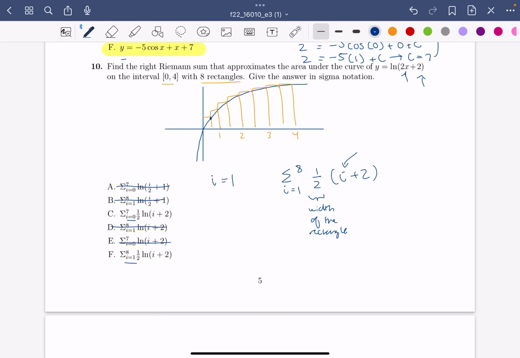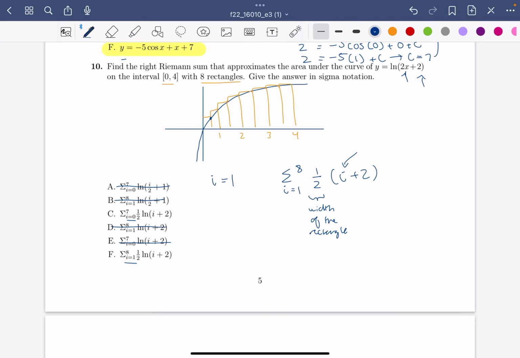So for every rectangle, instead of going 1/2, then the next value 1/2 and 1/2, in sigma notation we can only go up by full numbers when we're summing. So to account for that, we basically halve that x, that 2x, to make sure that our rectangles are every half when we do the notation.